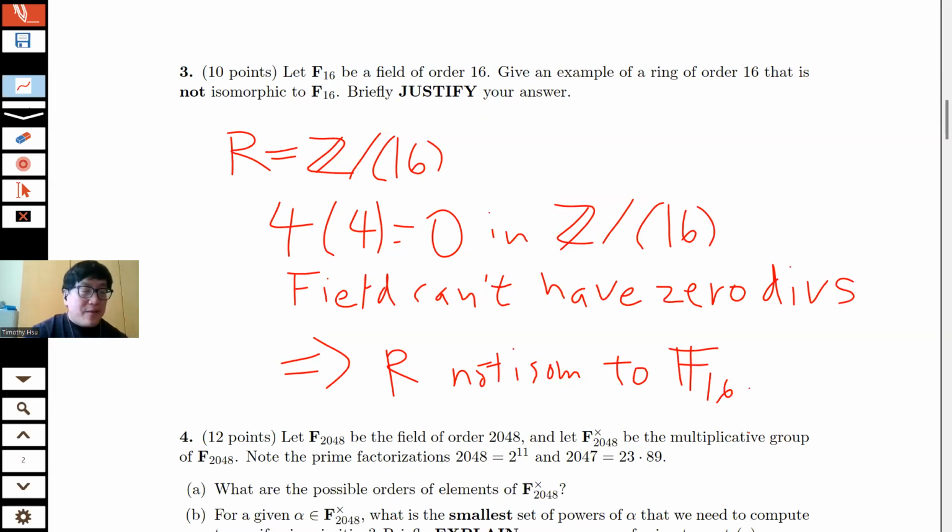Not only is that an important fact to know, but this is actually the standard way to prove that fact. If your modulus has non-trivial factors, then that gives you 0 divisors, and that's why you don't get a field.